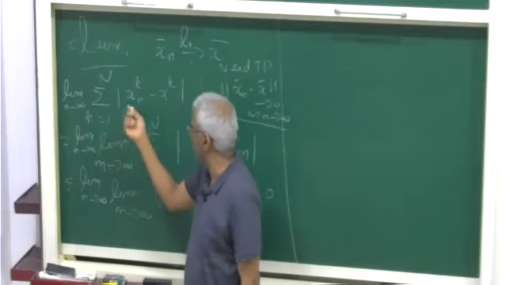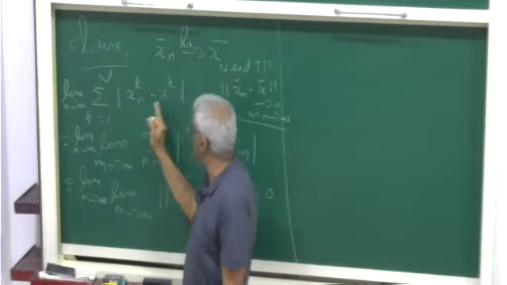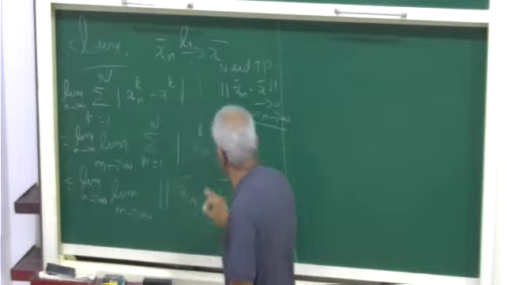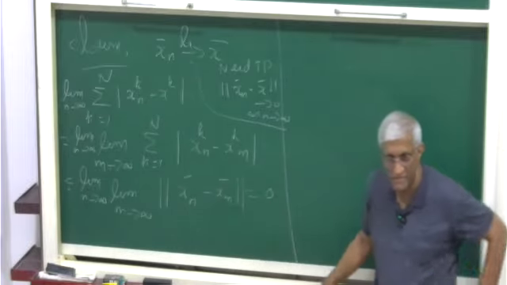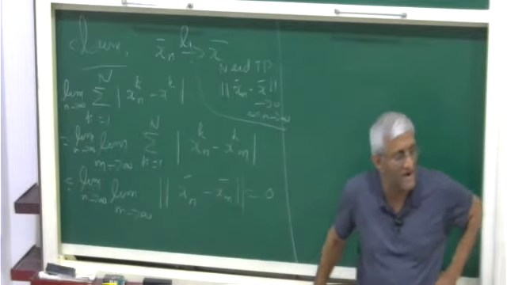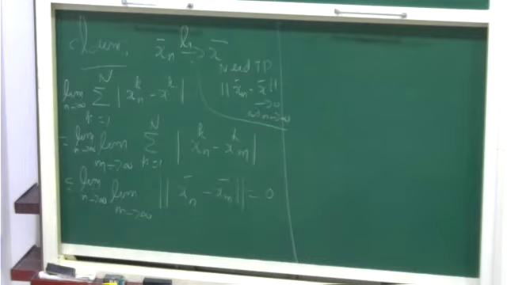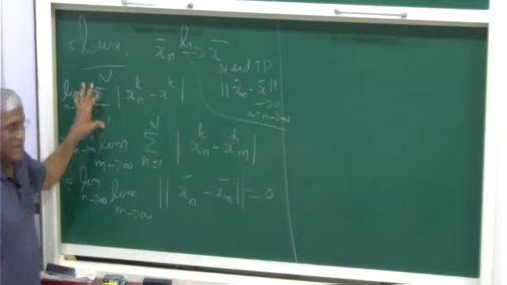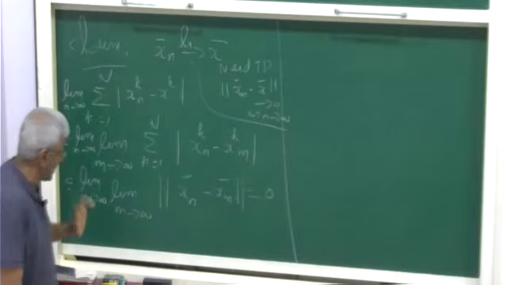I'm just having the limit n going to infinity, the limit m going to infinity. There is no m here, then I insert m here. Then I write the whole thing. This is less than or equal to that. Yes, it is easier. I am just saying that the limit n going to infinity of this is equal to 0.